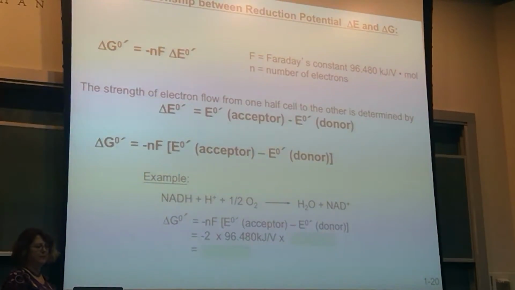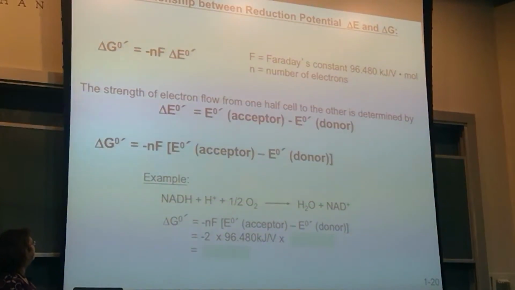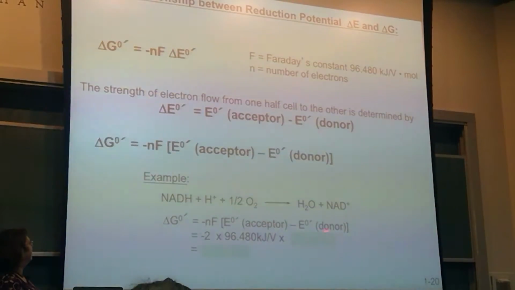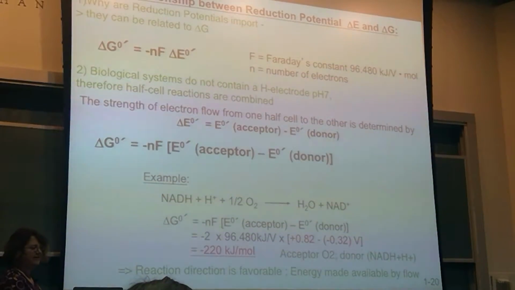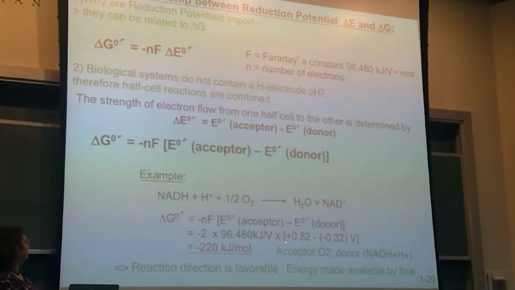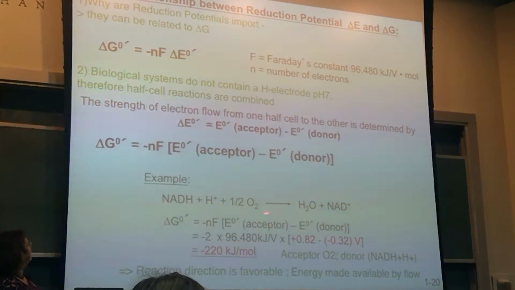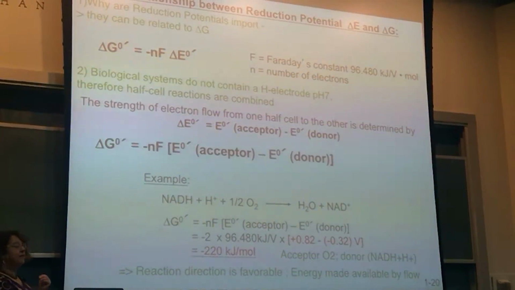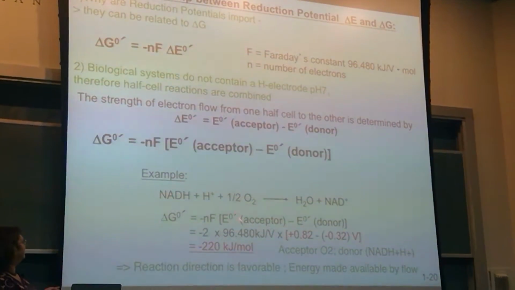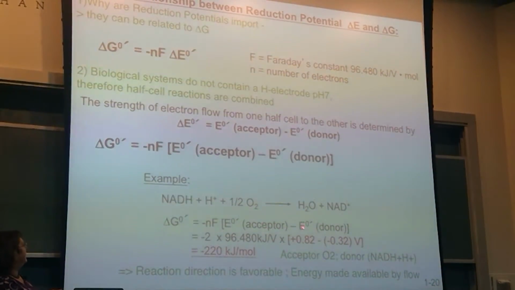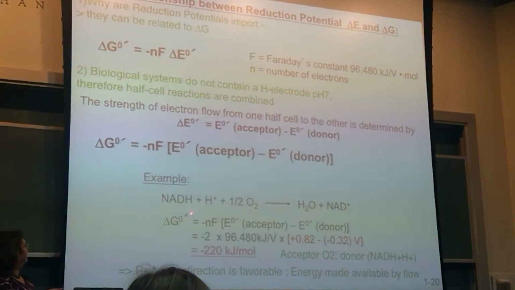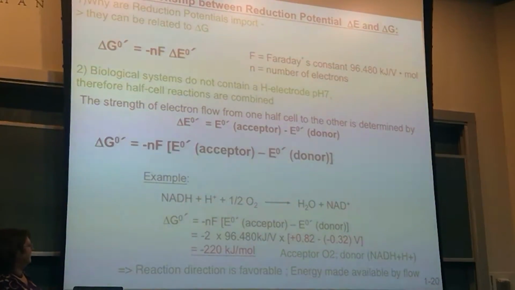you would want to look up your acceptor, and then look up your donor. In this case, we have 0.82 for the acceptor, which is oxygen. If we go back to the table, we can look at oxygen as the acceptor, minus that of the donor, which is the NADH.